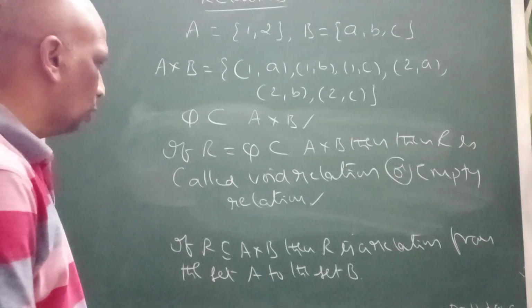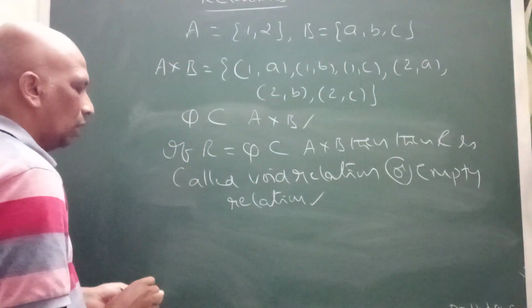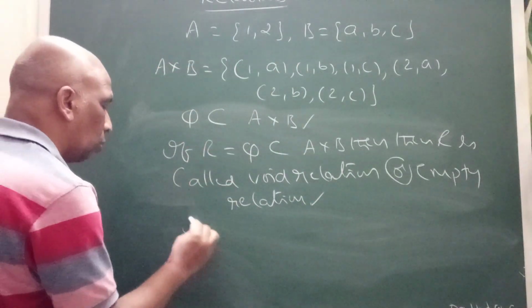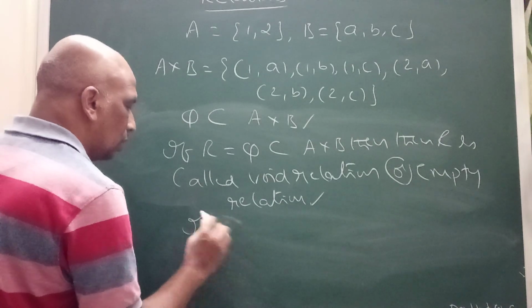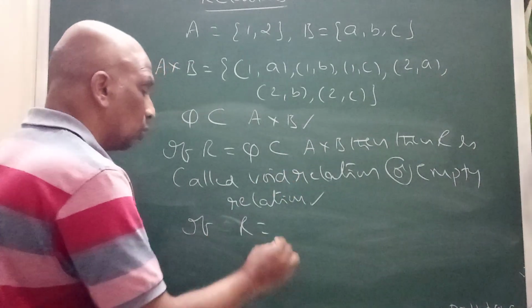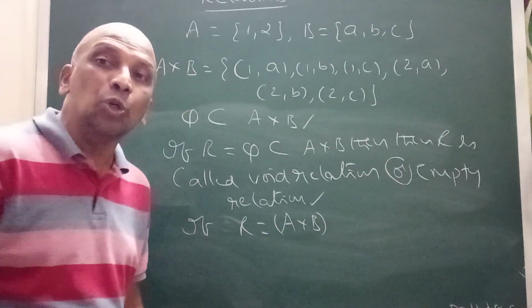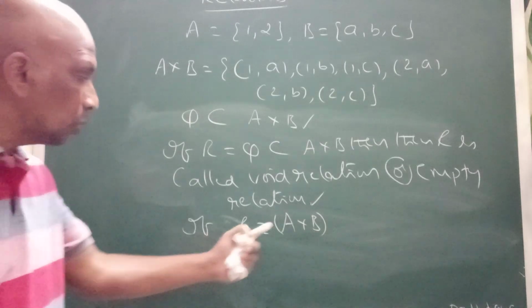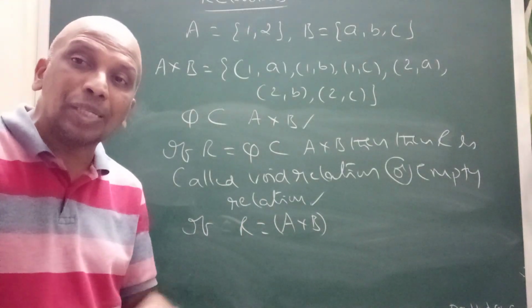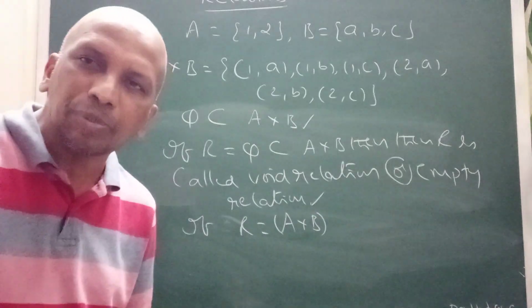Now if I take the entire set, if R is equal to A cross B, then R is called the universal relation, because A cross B is a subset of A cross B. A set is a subset of itself.